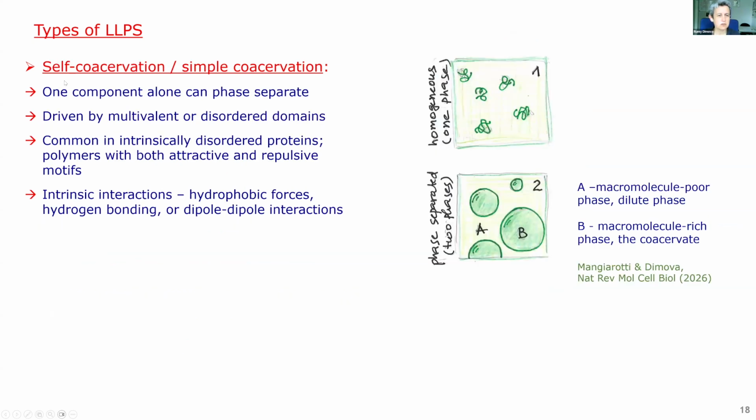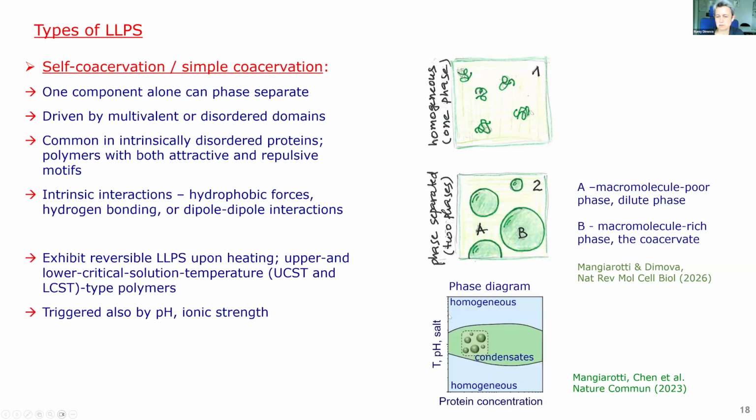And the final one is self-coacervation, also called simple coacervation, where you have only one component. In dilute solution it's one phase, but when you increase the concentration, it can phase separate, and this phase separation can also be triggered by pH and salt. In this case, you have two phases, a macromolecule-poor and a macromolecule-rich phase.